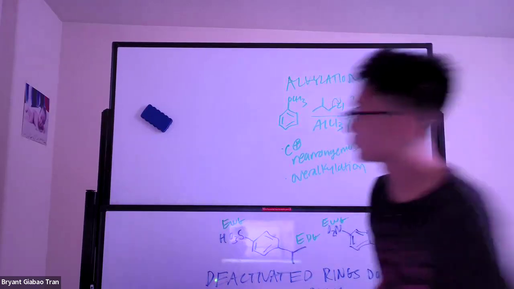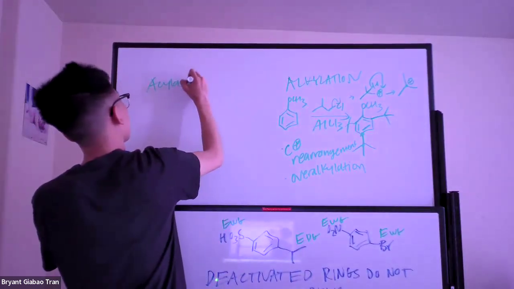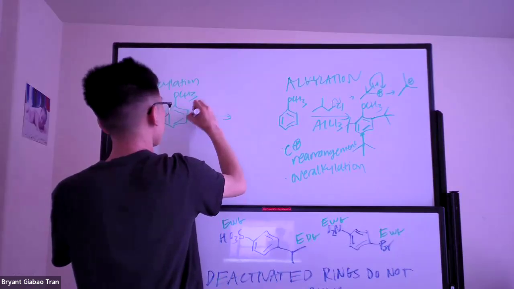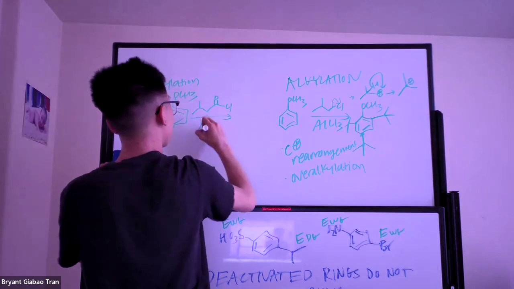Whereas in acylation, let's say we have this OCH3, and then we have this acyl group, AlCl3.